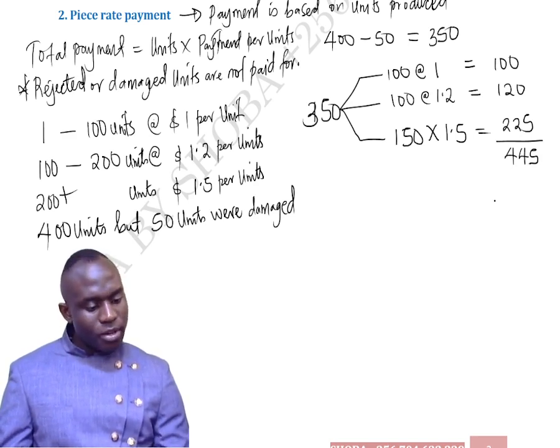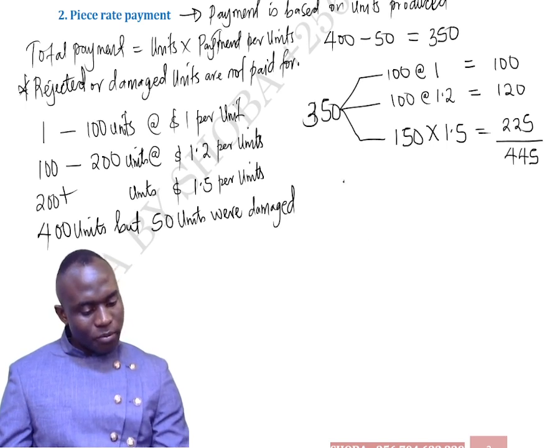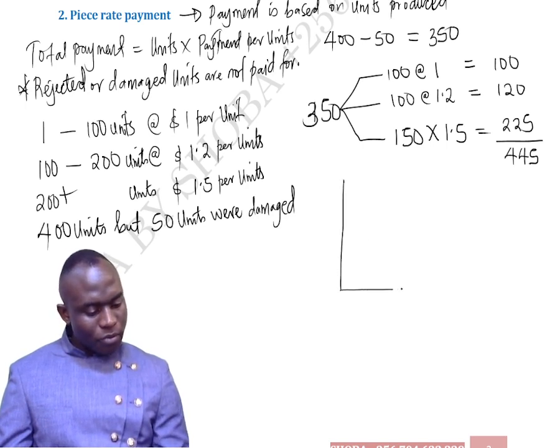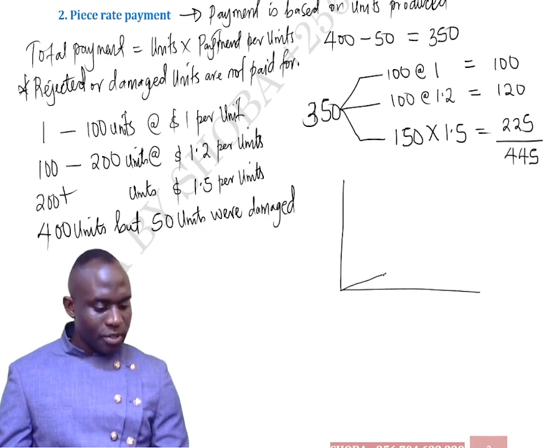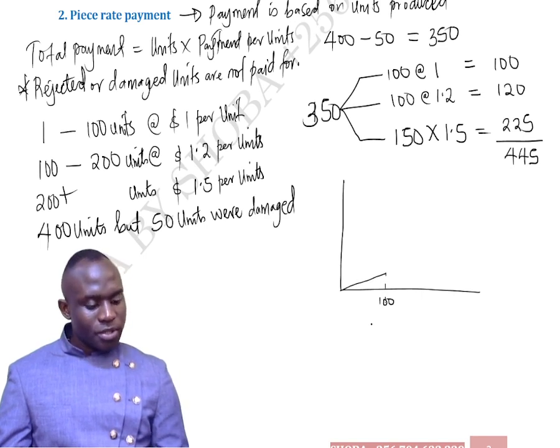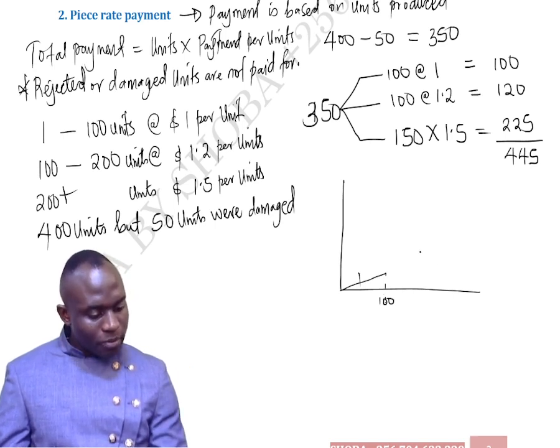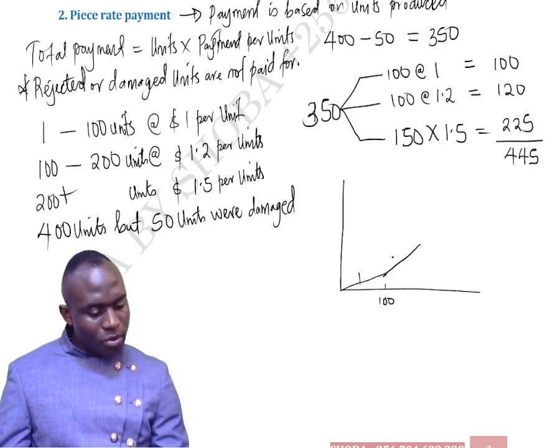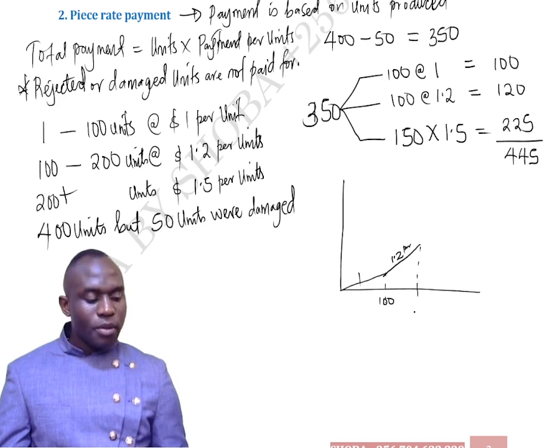Now graphically, this would be something like this. For the first 100 units, the payment is $1. Then if you go beyond 100 but up to 200, the payment is $1.2 per unit. So this is up to 200 units.